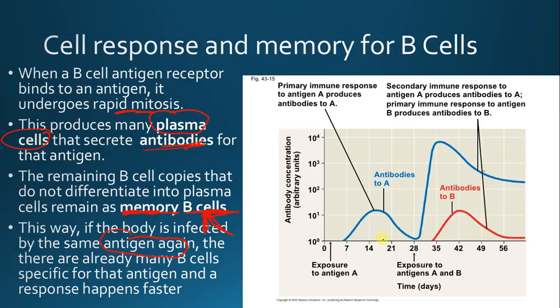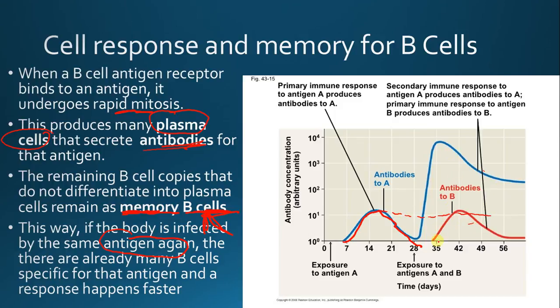So for example, the first time that I'm exposed to antigen A, it takes me a while to produce enough of those antibodies to fight off the infection. Then as the infection subsides, I still have a concentration of memory B cells in my body.